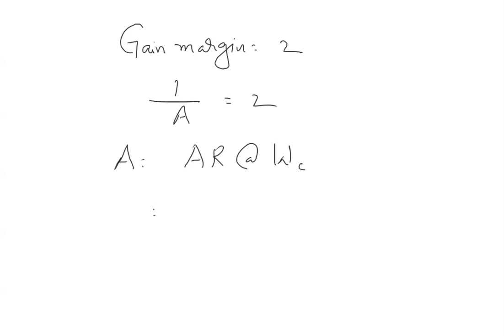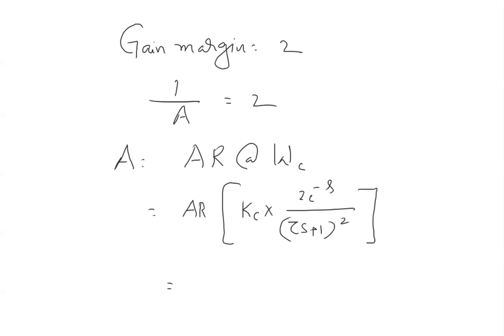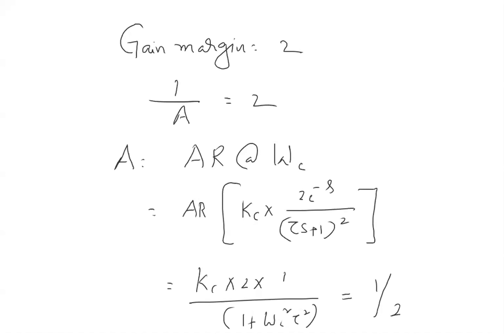So the amplitude ratio of the open loop transfer function Kc into 2 e power minus s by (tau s plus 1) whole square is Kc into 2 into 1 divided by root of (1 plus omega c square tau square), which is A. So this A is equal to 1 by 2, no? Just substitute A equal to 1 by 2.